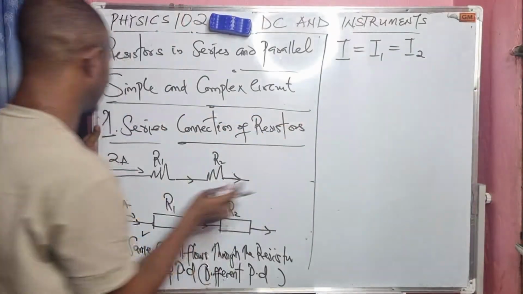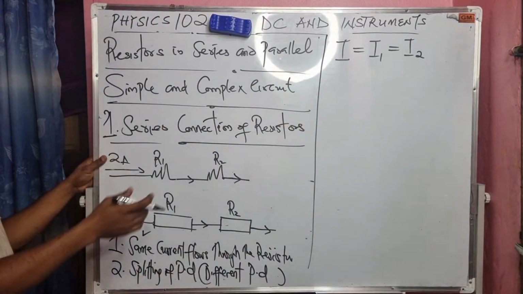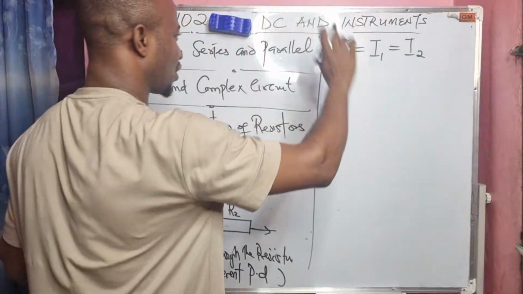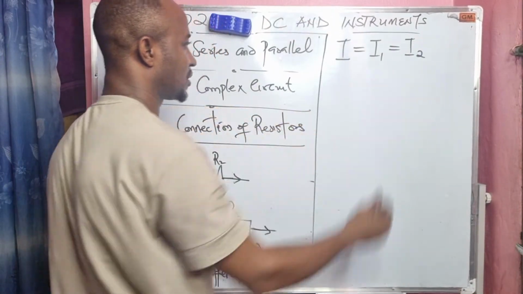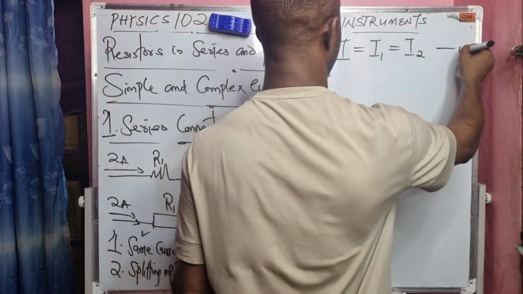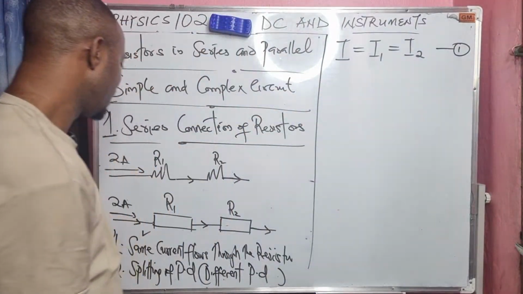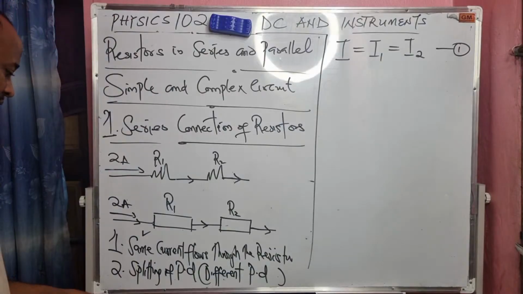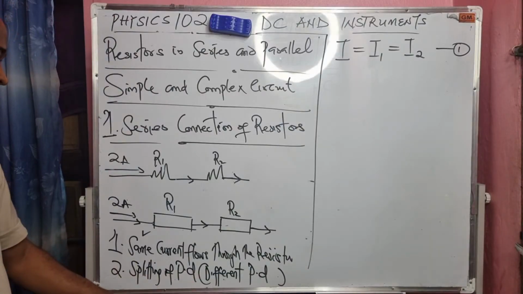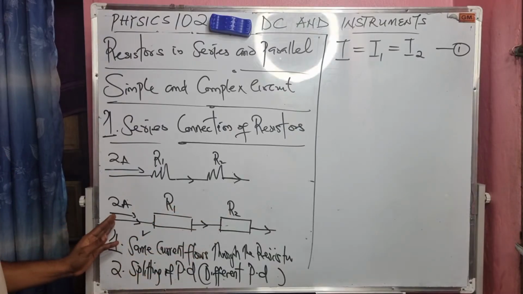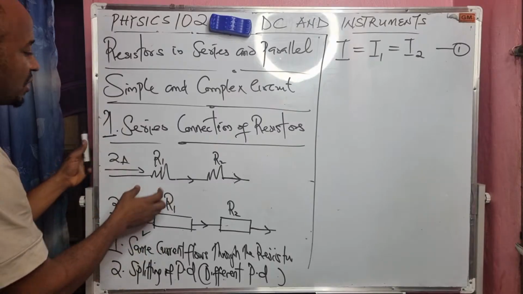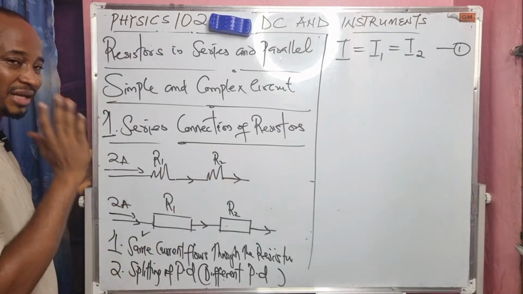So the total current, which is our 2 amperes, it can be 2, it can be 3, I'm just giving an instance, equals the current through the first resistor, which equals the current through the second resistor. This is my first expression. Since they have different potential differences across each resistor, the potential drops across R1 and R2 are not the same.